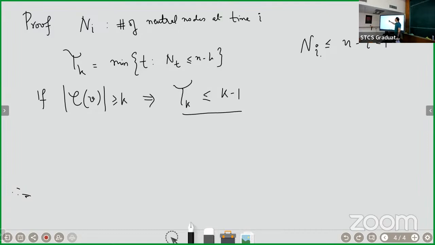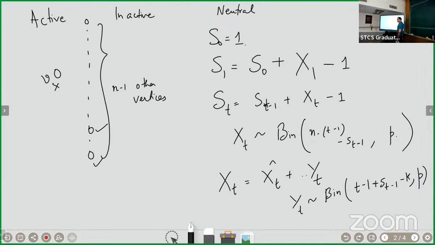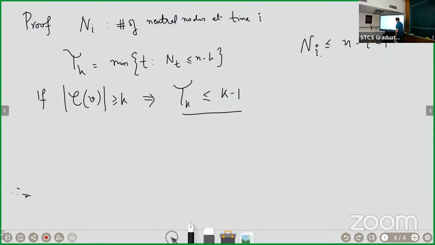So I essentially look at time going from 0 to tau_k so that this quantity is at least n minus k, so that I can do the difference without having to worry about it. So this is nothing but an n sitting here.